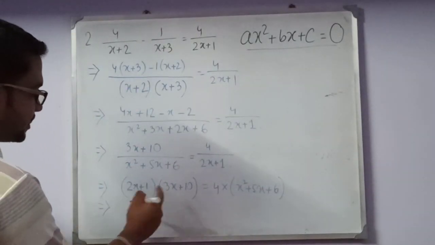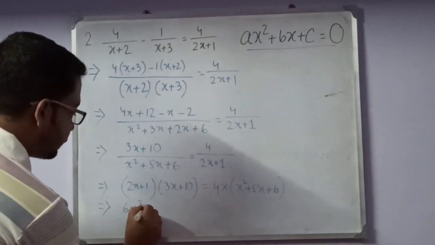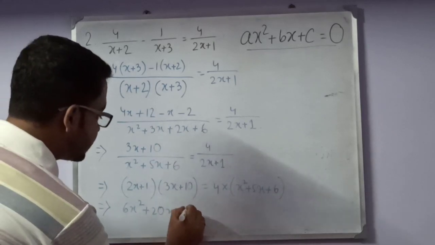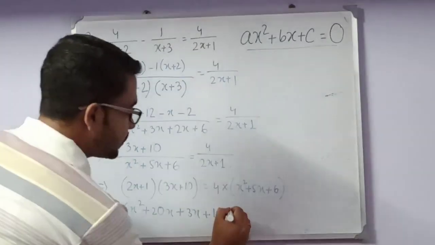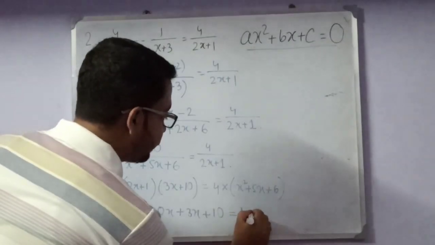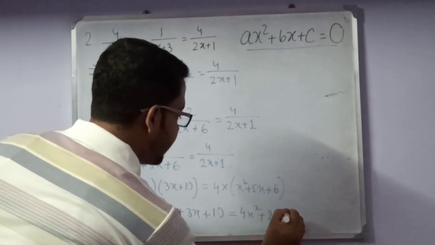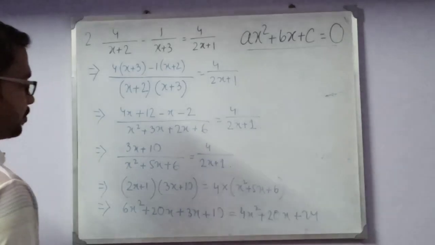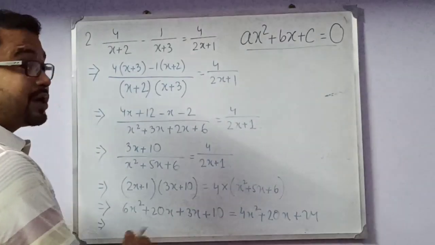Again multiplying these two, we get 6x² plus 20x plus 3x plus 10, and this side we got 4x² plus 20x plus 24. Now take all the things to one side.